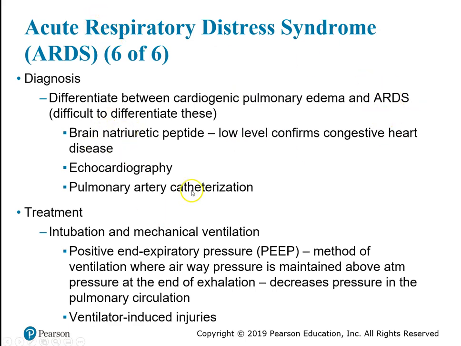That's one of the ways to distinguish. Also, an EKG could indicate heart failure, but not all the time. But you're not going to see changes in EKG with ARDS, right? So that would help distinguish as well.